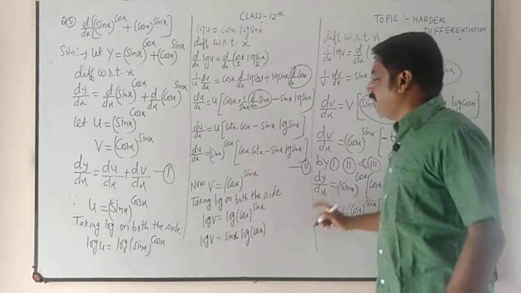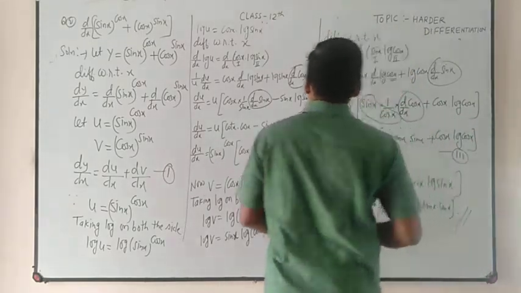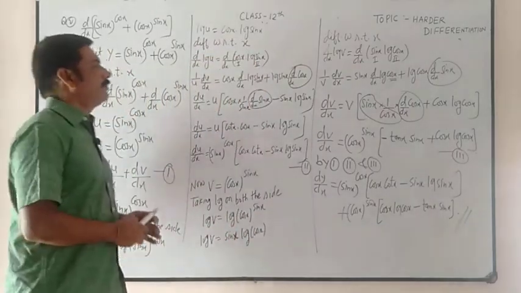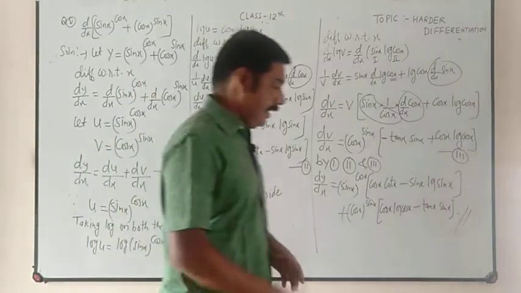So this is the value of dy by dx. Clear? Big question. Okay, now see next question.